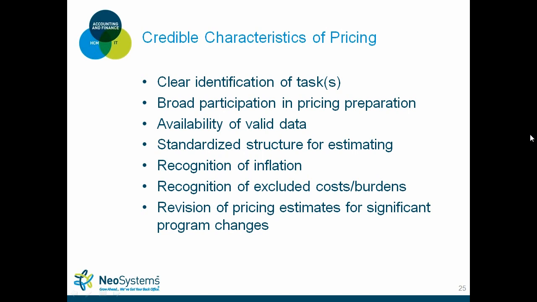Recognize inflation. When you bid base year plus option years, make sure that you have an escalation factor in there, whether it's 2% to 3.5%, whatever you feel comfortable with. And recognize excluded costs and burdens. Don't include alcoholic beverages in your overhead costs, for instance.